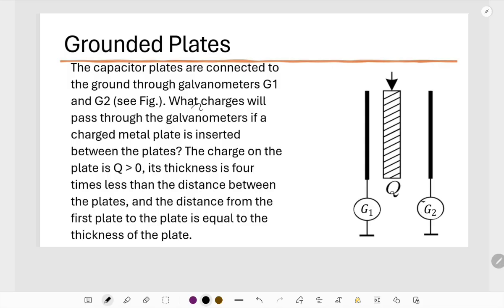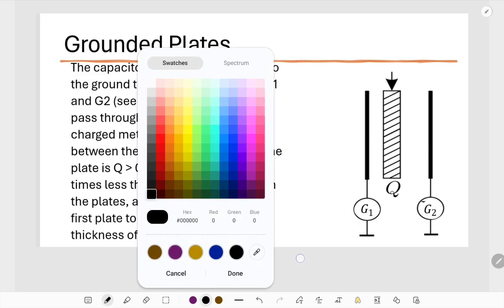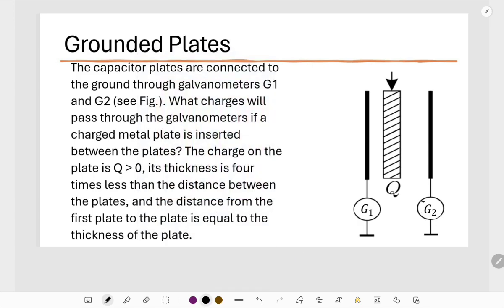So the question is related to what charges will pass through the galvanometers if a charged metal plate is inserted between the plates, that means between the capacitor plates. The charge on this plate is Q, and Q is assumed to be greater than 0.